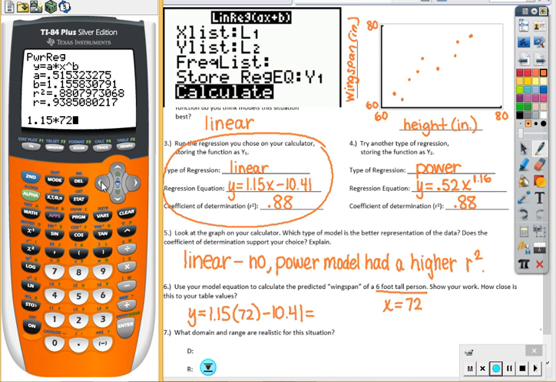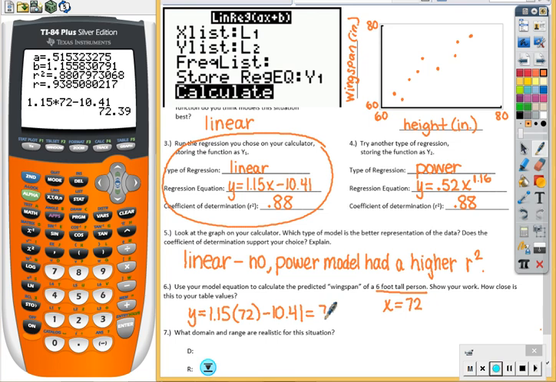Pretty close, right? If you're 72 inches tall, maybe your arms are about 72 inches. That would be the predicted wingspan if I were 6 feet tall. I showed my work.